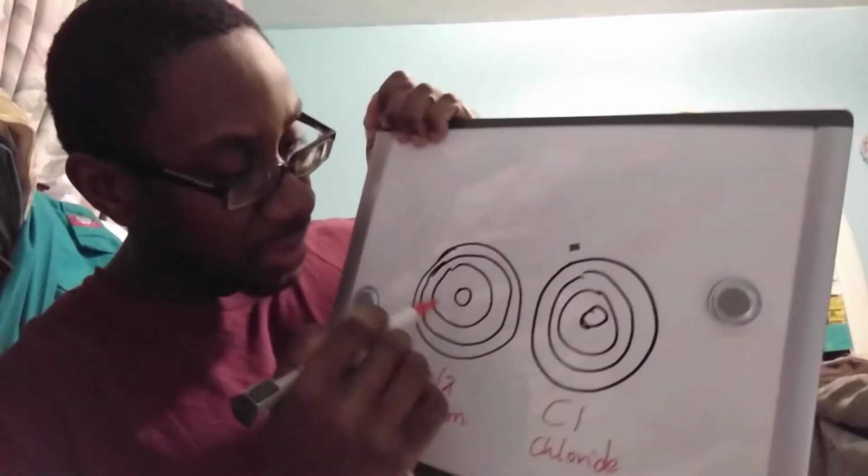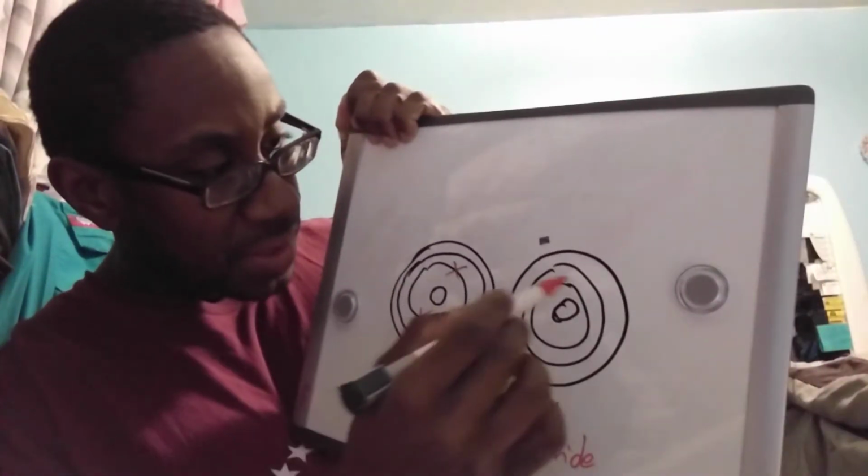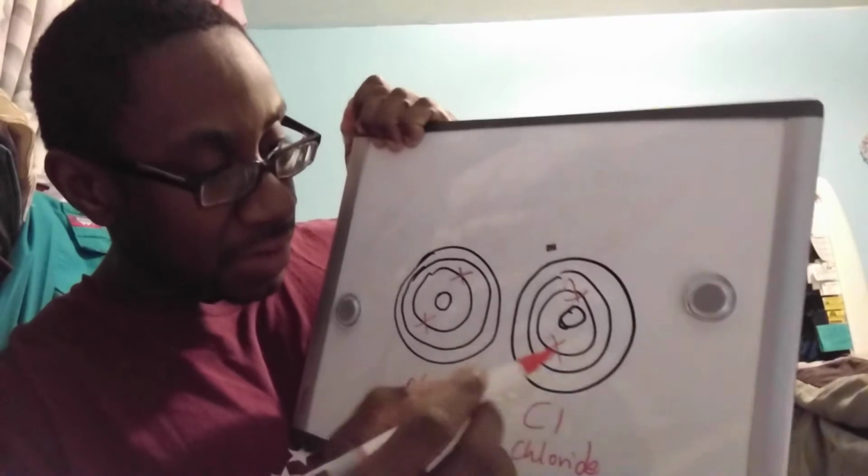And these electron clouds have electrons. So I'm going to mark them off by X. So in the first ring, we're going to have 2. Same thing for chloride there. Then you're going to have 6.